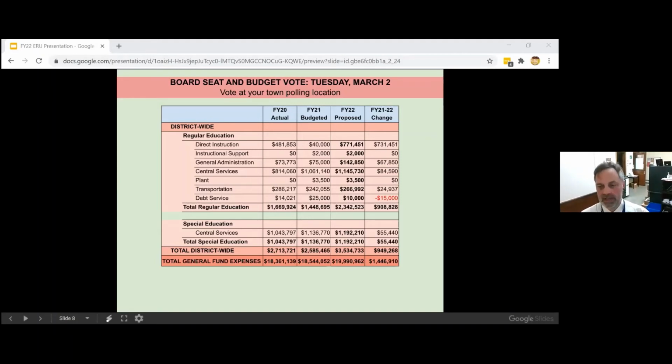The way the state wants us to record this, and I can explain how it works, but I can't make it make any sense, is they want to see a tuition payment from the Enosburg-Richford Town School District for Enosburg-Richford kids to go to Cold Hollow. And so it's sort of like writing a check for yourself and putting it in your checkbook.